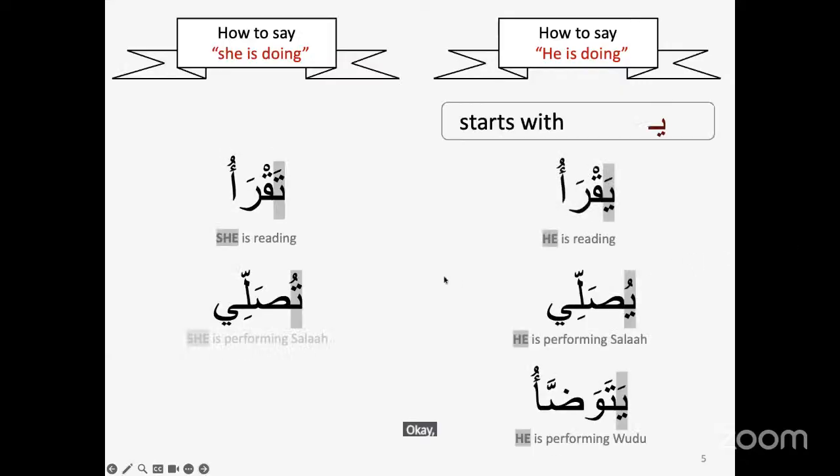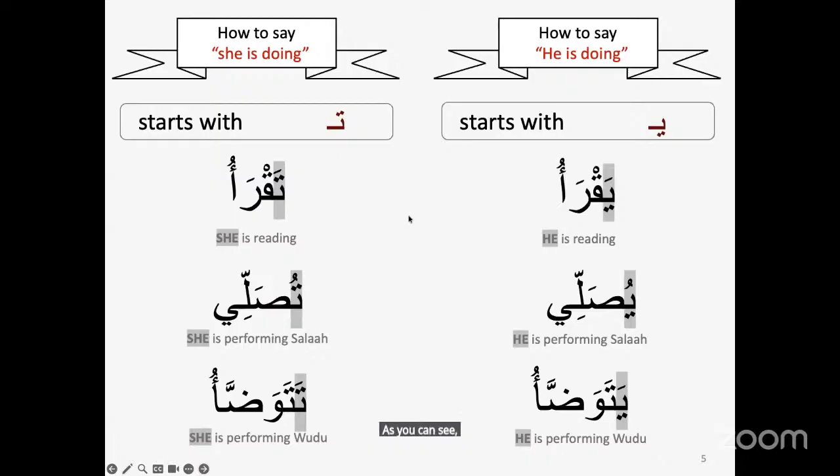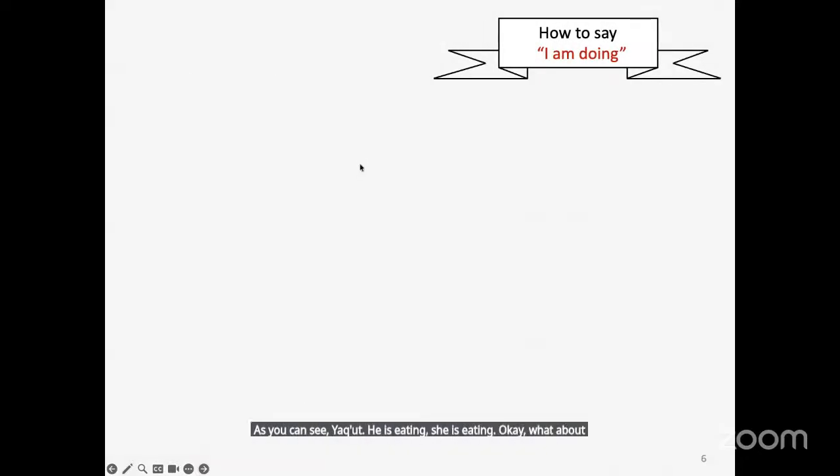As you can see, يقرأ تقرأ. He is reading, she is reading. What about I?